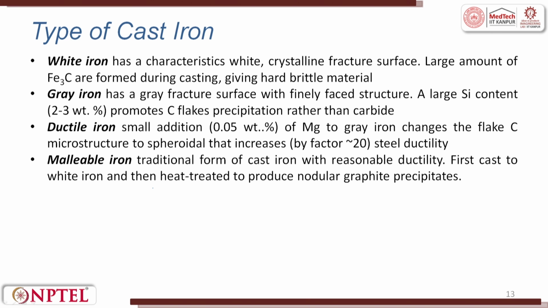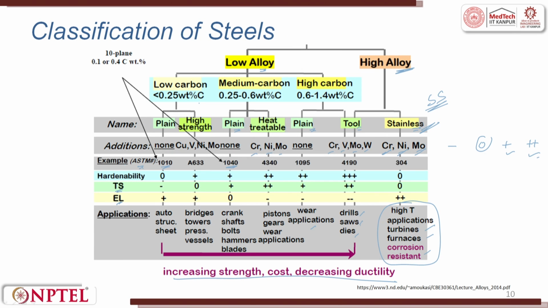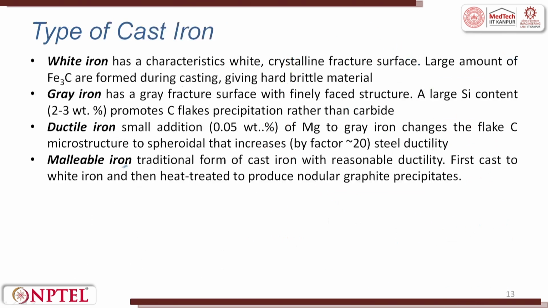Again, in cast iron, we have classifications: white iron, gray iron, ductile iron and malleable iron. Like what we saw in steel, you should also understand that in cast iron, where there is a high carbon content, they are also classified. What is white iron? It has a characteristic white, crystalline fractured surface, with a large amount of Fe3C, as I told you, the Fe plus C combination.